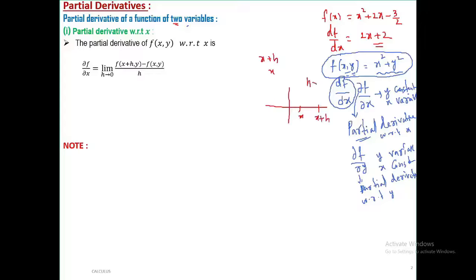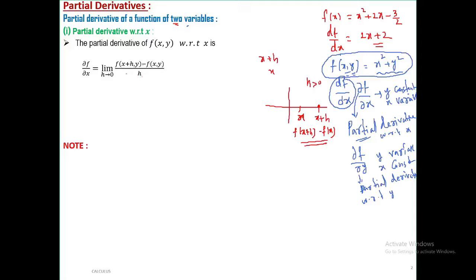Now, if I do f of x plus h minus f of x, that means if you take the difference, you will get the variation. The function value of f at x plus h and the function value of f at x. The difference if you take, that is called rate of change. Same thing I am doing here. So with respect to x, the rate of change is only in the variable x you have to look at: f of x plus h comma y minus f of x comma y divided by h.